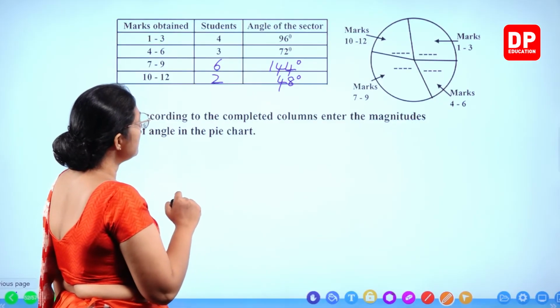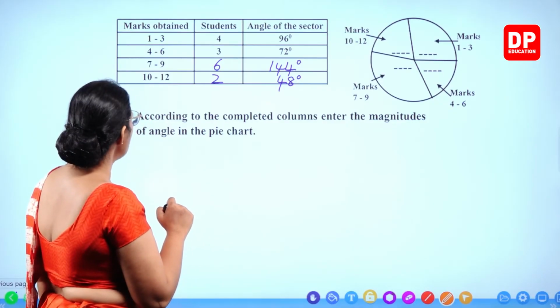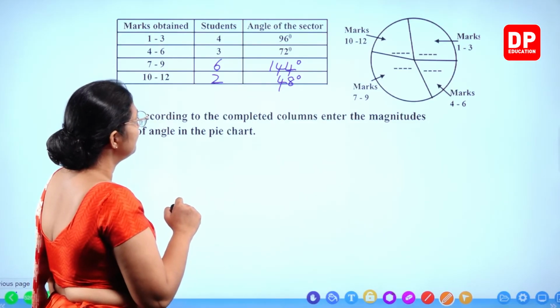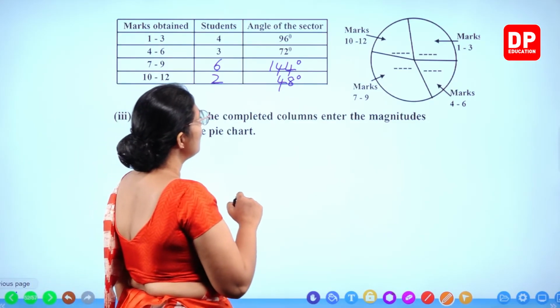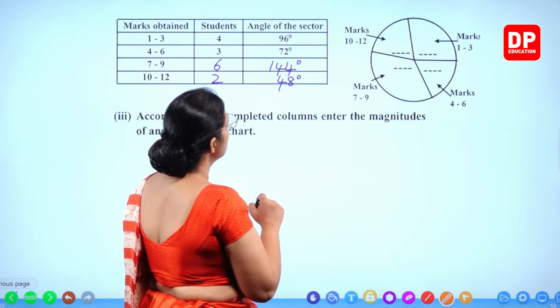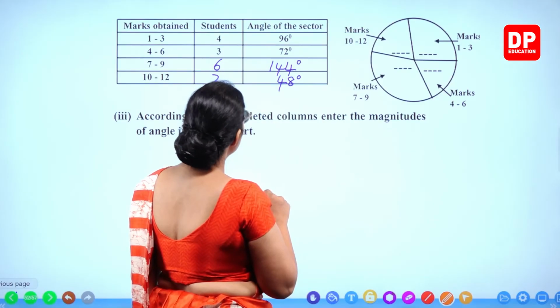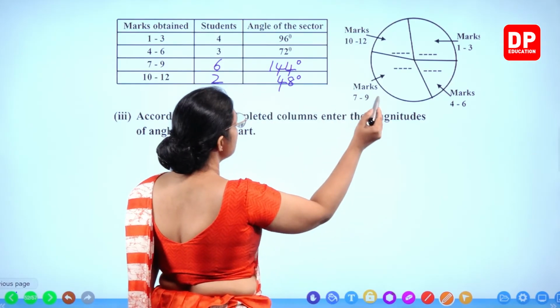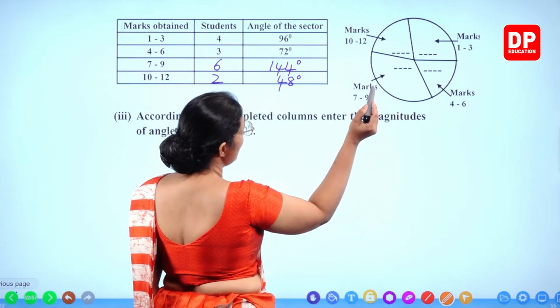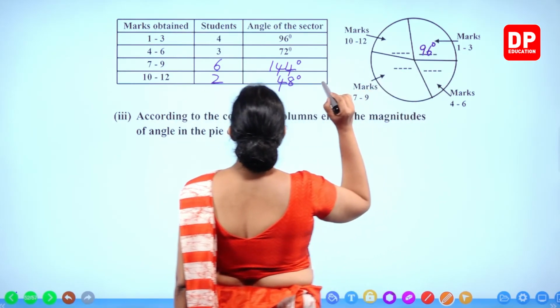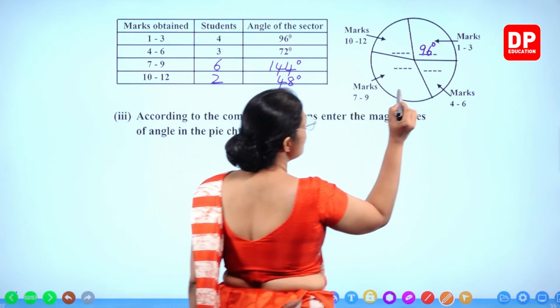According to the completed columns, enter the magnitudes of angle in the pie chart. So we can fill this pie chart. It says this one is 96, 1 to 3. This is 96. 4 to 6, 72.